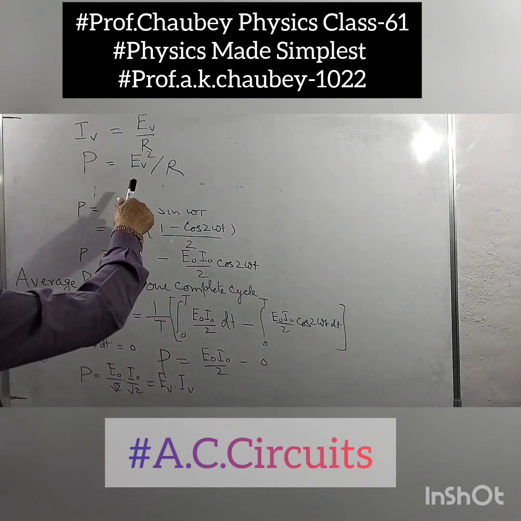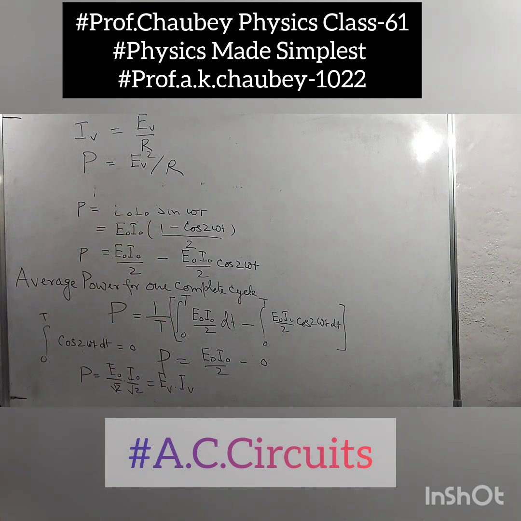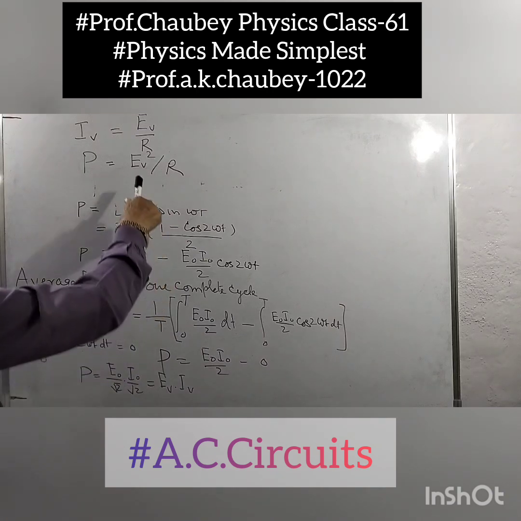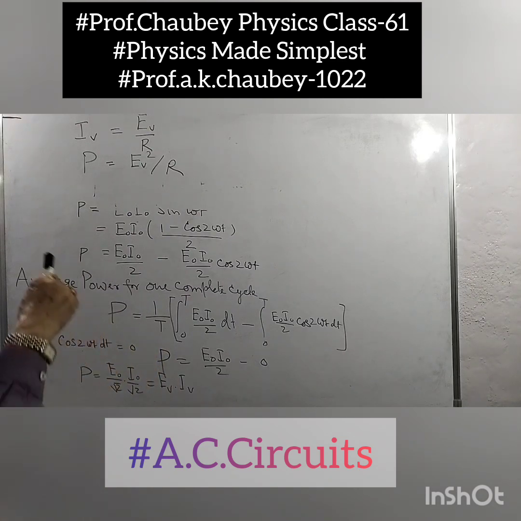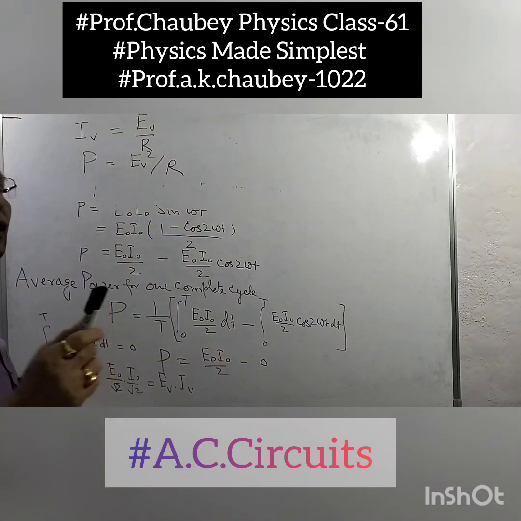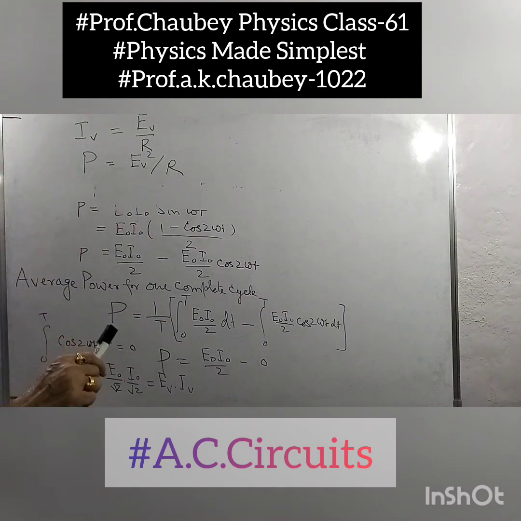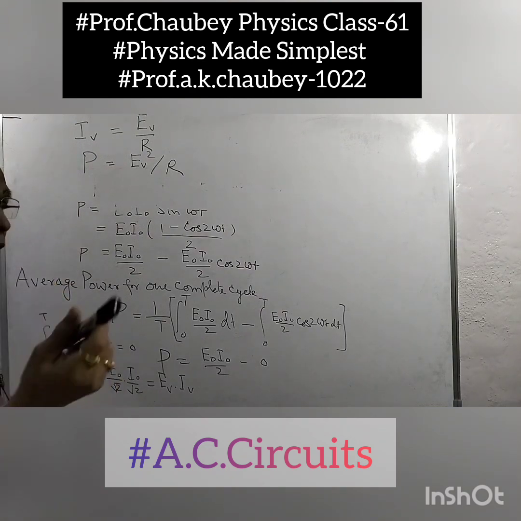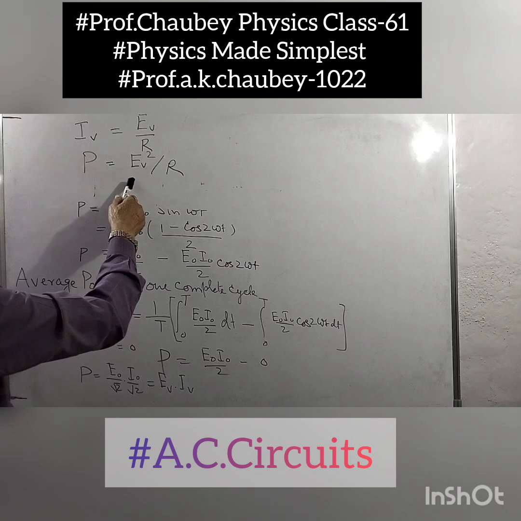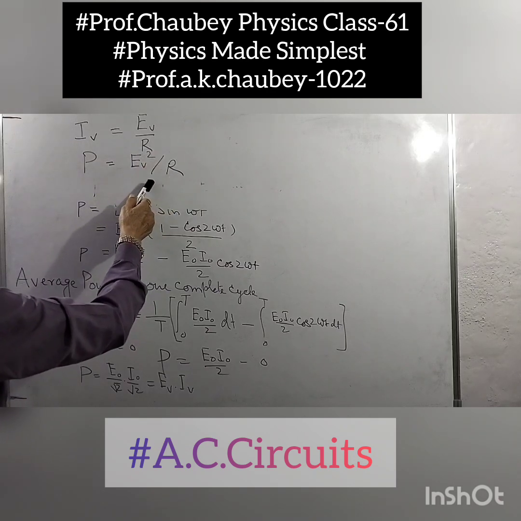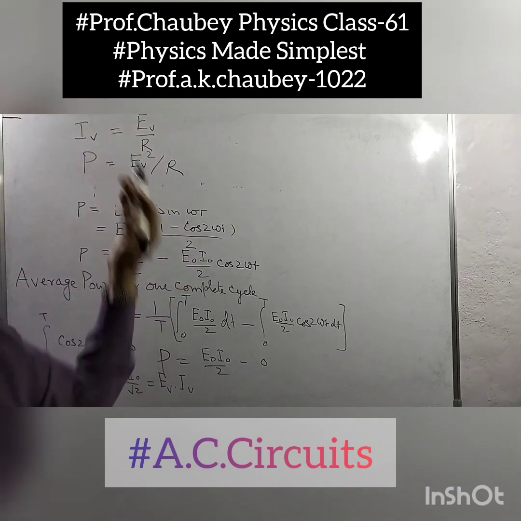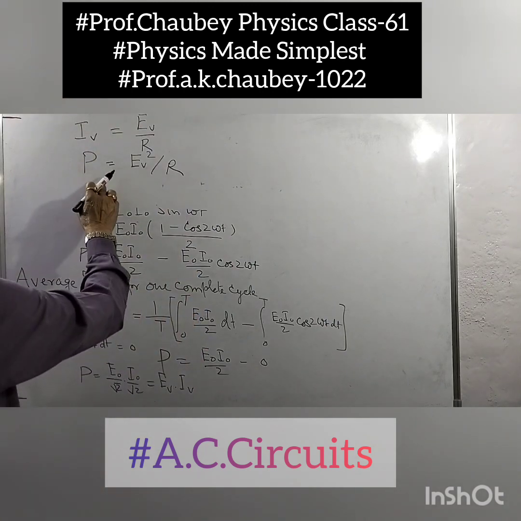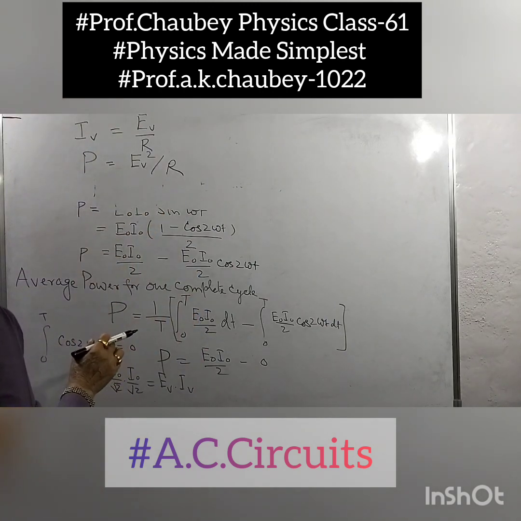But a hot wire ammeter is based on the heating effect, so it heats the wire whether the current is positive or negative. So average power is EV square over R.